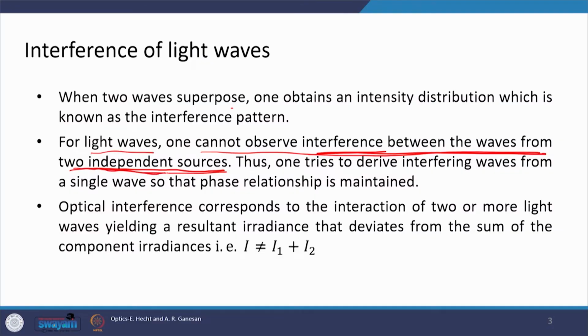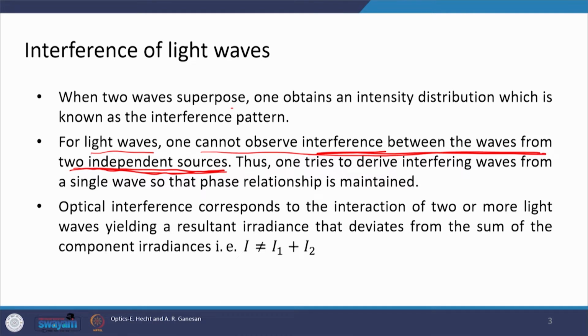Usually at junior levels, we say that as long as the two sources are coherent, only then do we observe interference. But the reality is that, irrespective of whether the sources are coherent or not, irrespective of whether their frequencies are very closely placed or not, the waves will always interfere.